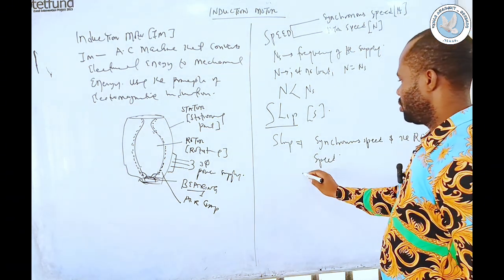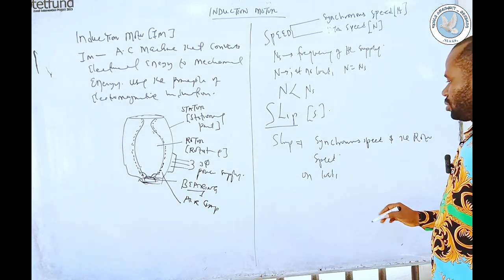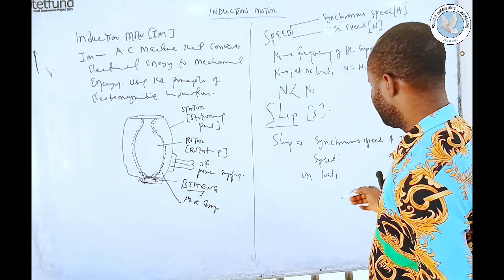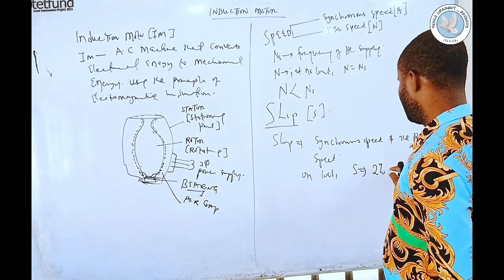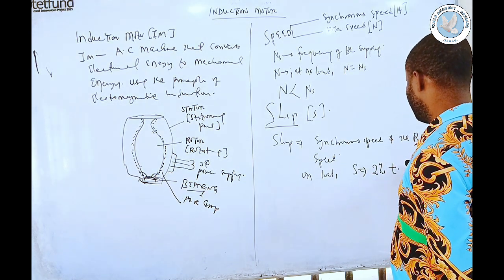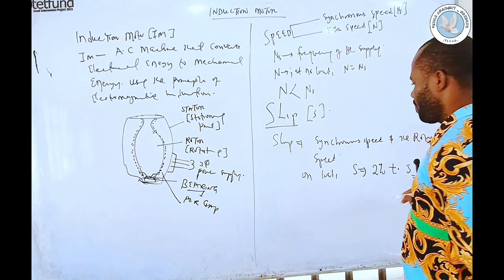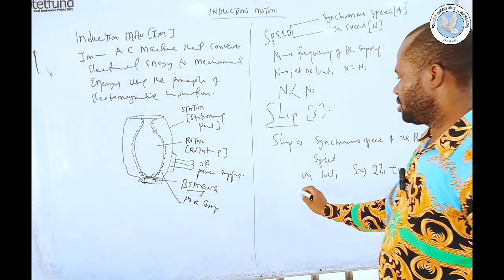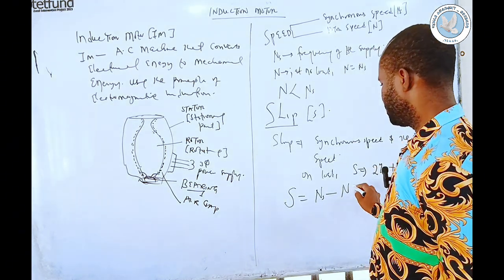So at full load, we always have a slip that is between 2 to 5%. So it's actually S is Ns minus Nr.